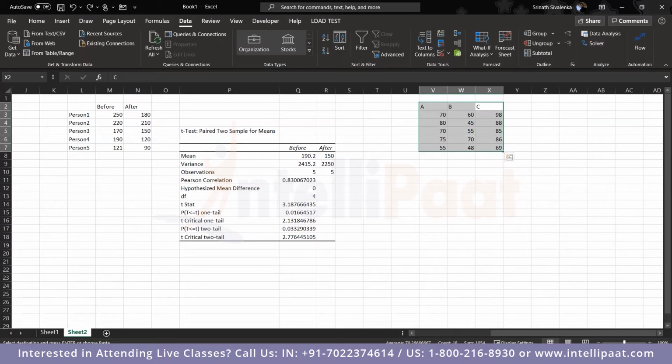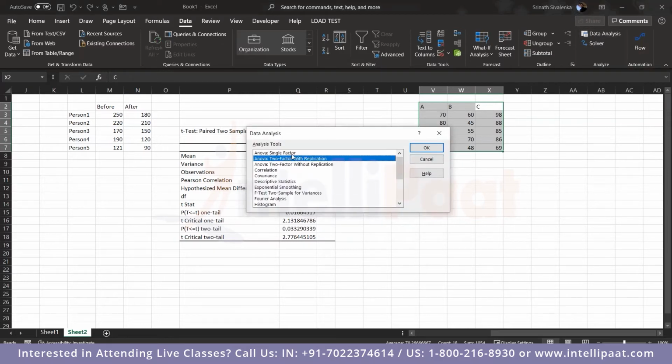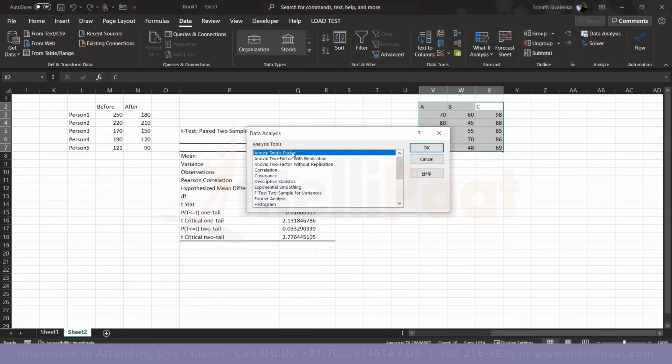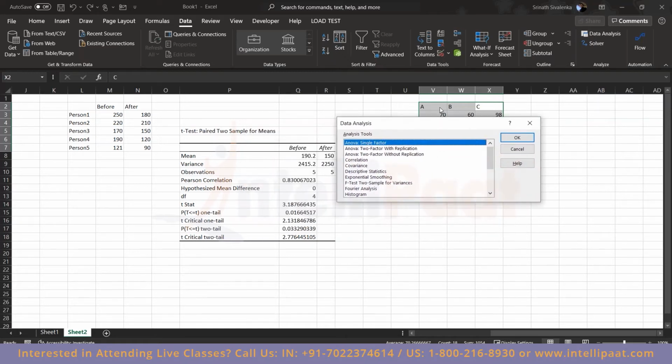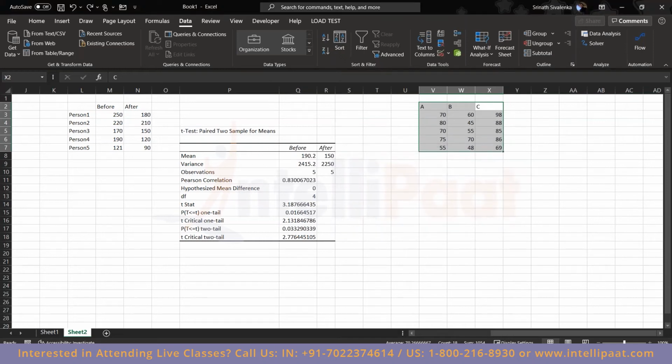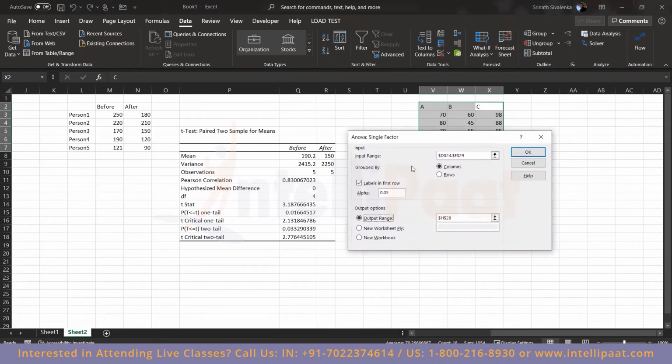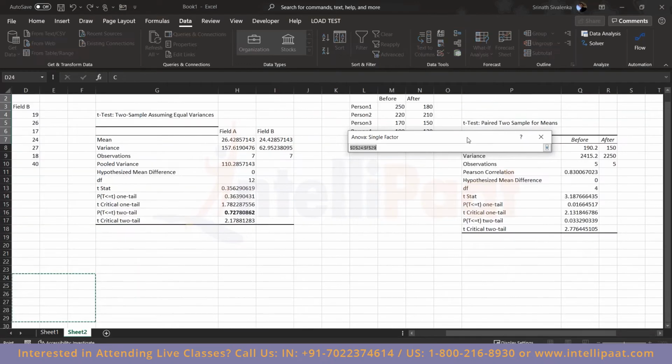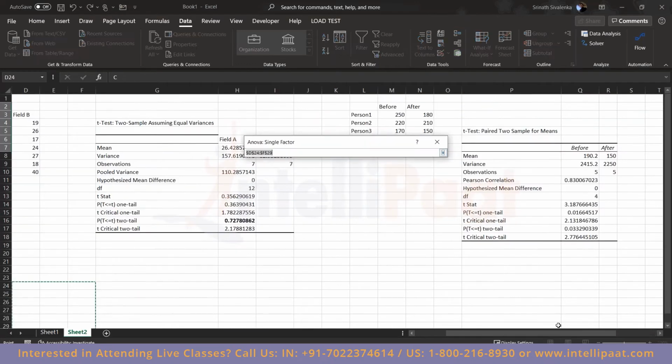So the way I would perform this is by running an ANOVA. Go to data analysis and ANOVA single factor, because I just have one factor over here, which is nothing but your classroom. One categorical variable, it's a single factor. Now I select my input range over here.